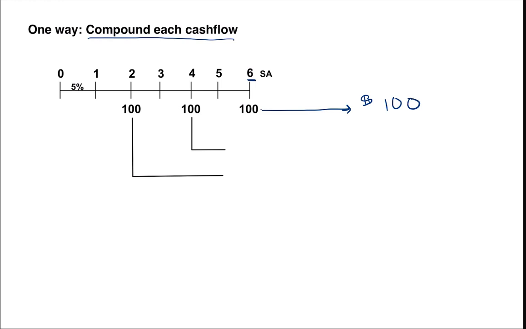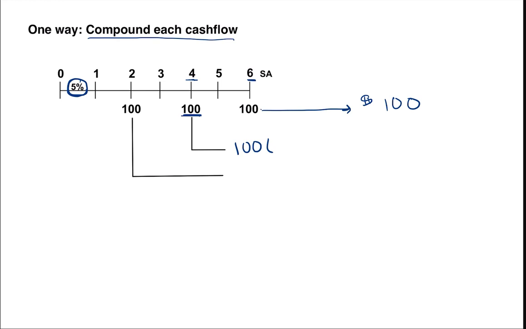To calculate the future value of the $100 at period 4, we're going to take that $100, multiply it by 1 plus the periodic rate, and we know our periodic rate is 5%.